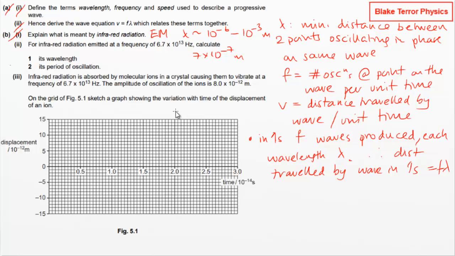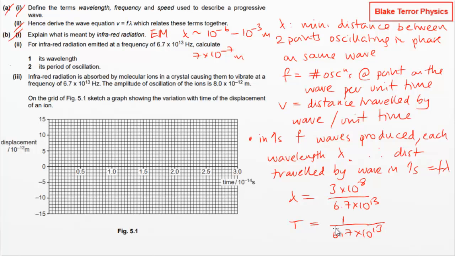For infrared radiation emitted at a frequency of that, calculate its wavelength. Because it's electromagnetic, the wavelength is going to be 3 times 10 to the 8 divided by 6.7 times 10 to the 13. And I want the period. So the period is going to be 1 over the frequency, so 1 over 6.7 times 10 to the 13. So what's that going to be then?